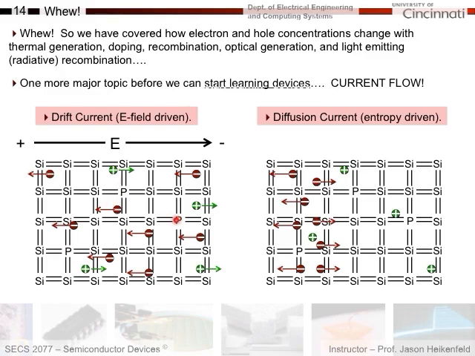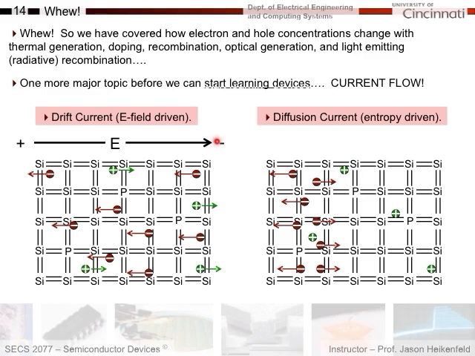Just as an example, and I put positive here and negative here for my voltage, then my E field is in this direction, then of course I would expect my electrons, which are negatively charged, to travel towards the positive end of the E field, and my holes to move along with the E field direction towards the negative end of the voltage or E field. And so this is drift current.